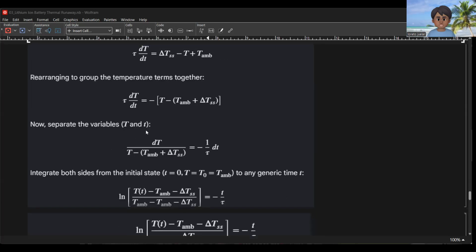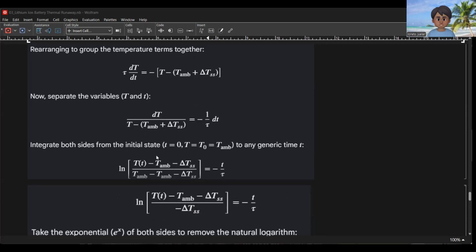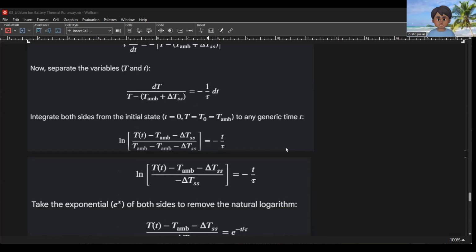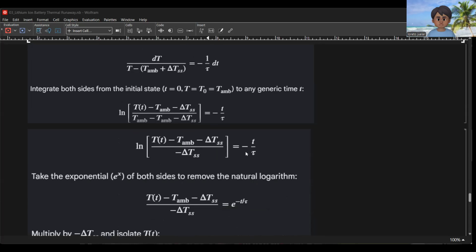Now separate the variables T and small letter t here, and integrate both sides from the initial state, time equal to 0, where T is equal to the ambient temperature, to a generic time. So we have the ln here, ln equal to negative t over time constant. So ln is equal to this one.